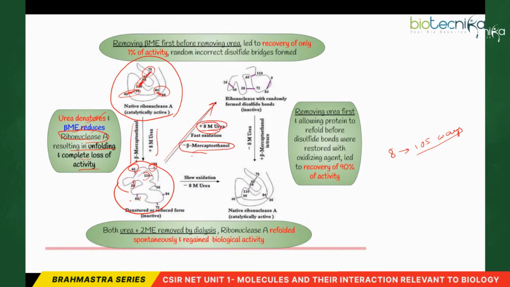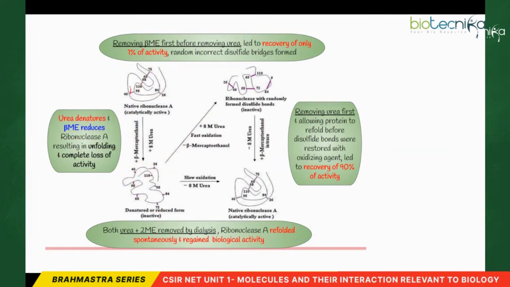So upon removing beta mercaptoethanol, which is a reducing agent, it cleaves the disulfide linkages. So you can see some disulfide linkages are able to form, but because of urea they are still in the opened up structure, randomly formed disulfide bonds. Okay, because urea is not allowing it to come to a stable structure, so it is randomly forming any disulfide linkage. However, this protein will not be active.